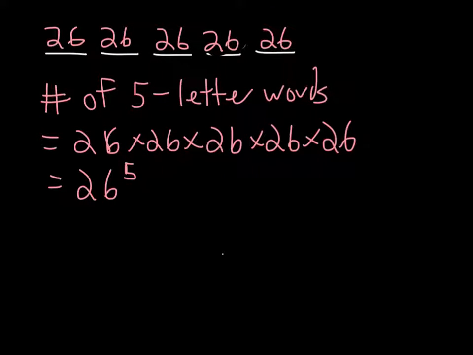And if we do that calculation, we get that this is 11,881,376 different 5-letter words we can make. Again, they don't have to be English words, just some arrangement of 5 letters.